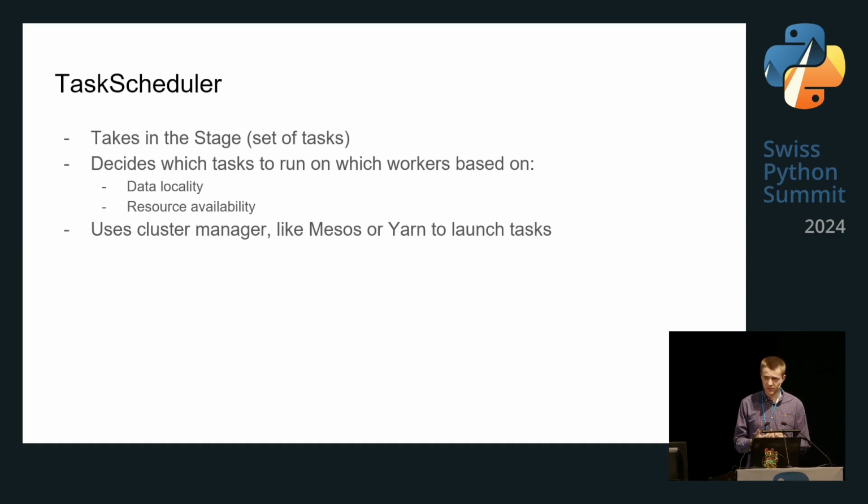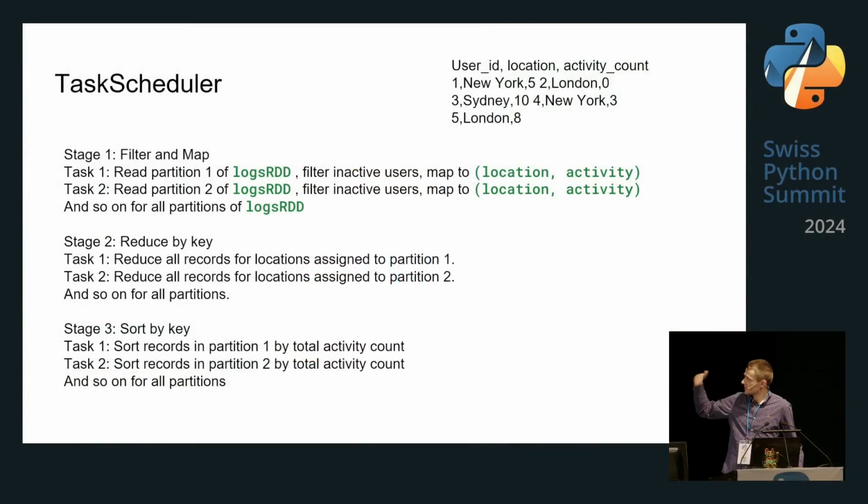There's a preferred location that it will use, so it takes into account where the data is actually stored, and it also takes into account what workers are actually free to take on the particular task.